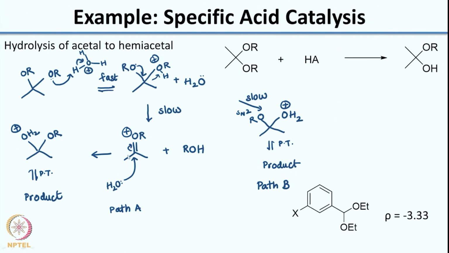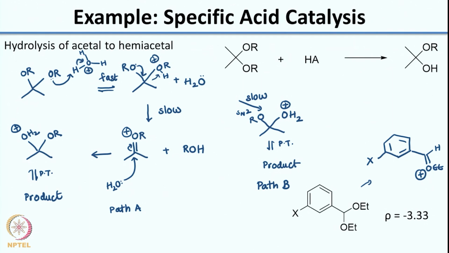So that shows that it goes via path A, because in path A you will generate an intermediate where, if you write the resonance structure, the positive charge is in conjugation with the aromatic ring.